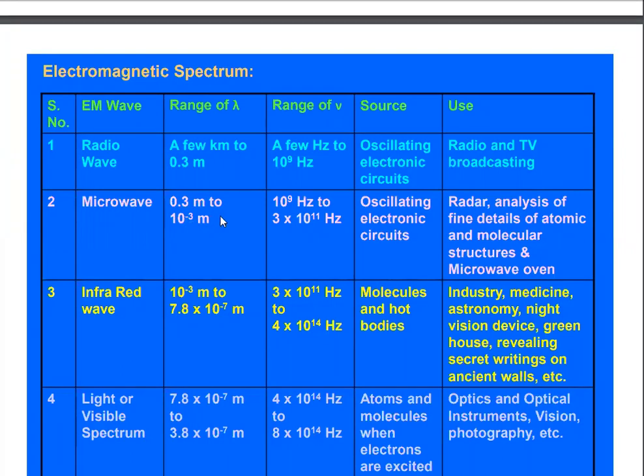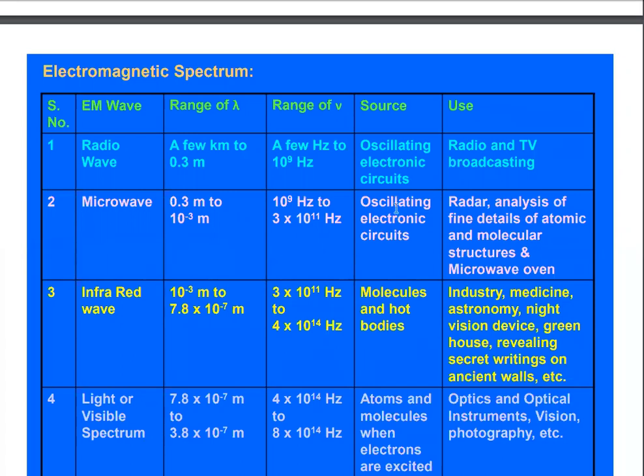This wave has a little bit shorter wavelengths than that of the radio wave, and it will have higher frequency range. Its frequency ranges from 10 to the power 9 hertz to 3 into 10 to the power 11 hertz.